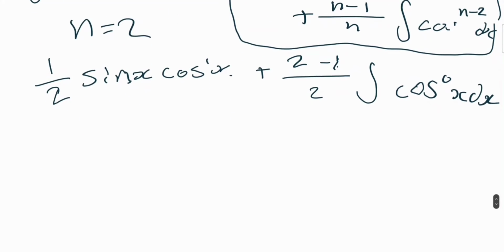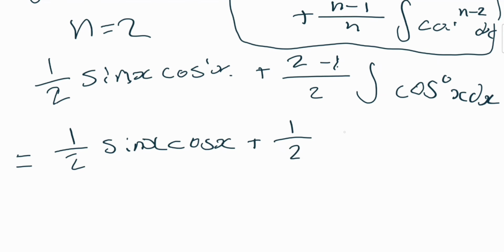Okay, so we'll go ahead and simplify this as much as possible. So we get 1 over 2 sine of x cosine x plus 1 over 2 integral of 1 dx.